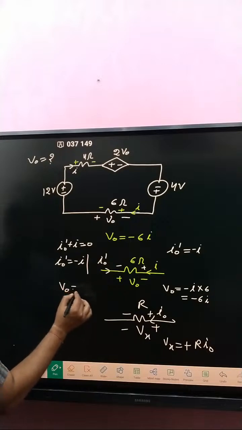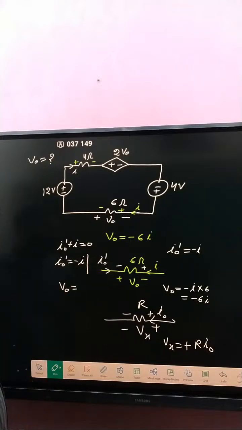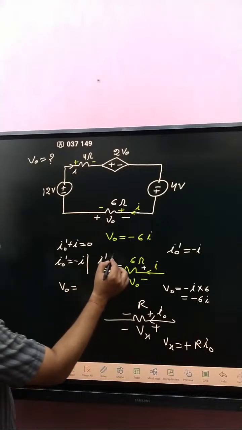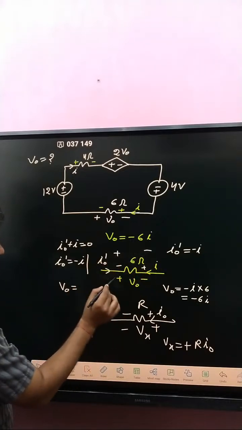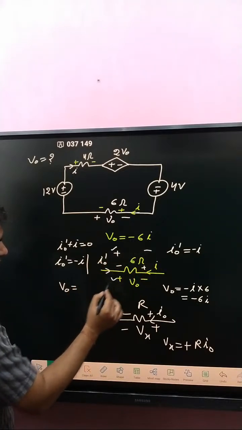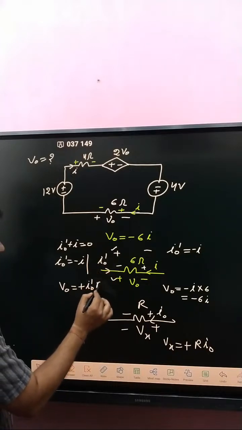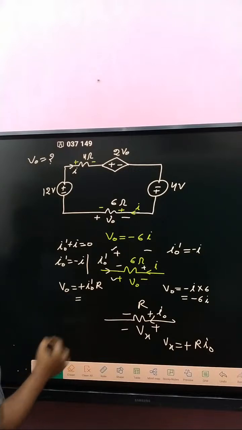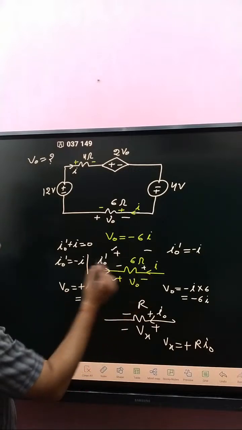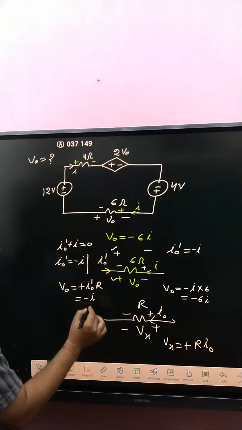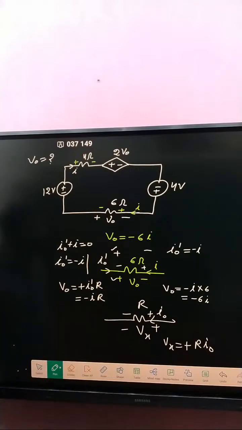So what about V0? V0 corresponds to that one, here plus to minus. So plus to minus, and both signs are the same, so V0 is written positive I0 dash into R. Okay, I0 dash is minus I, so written minus I into R. Clear or not?